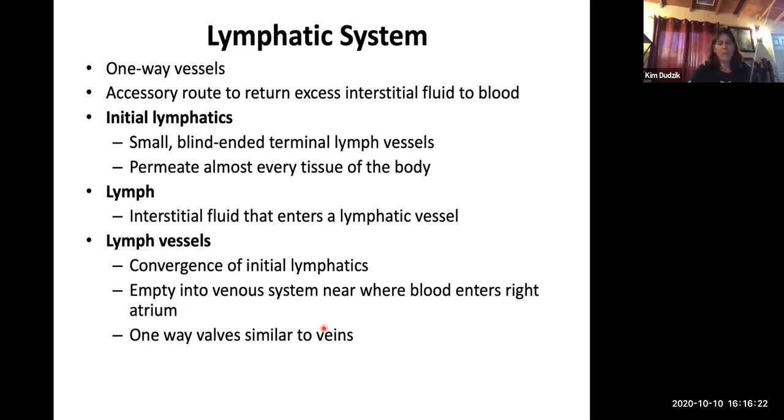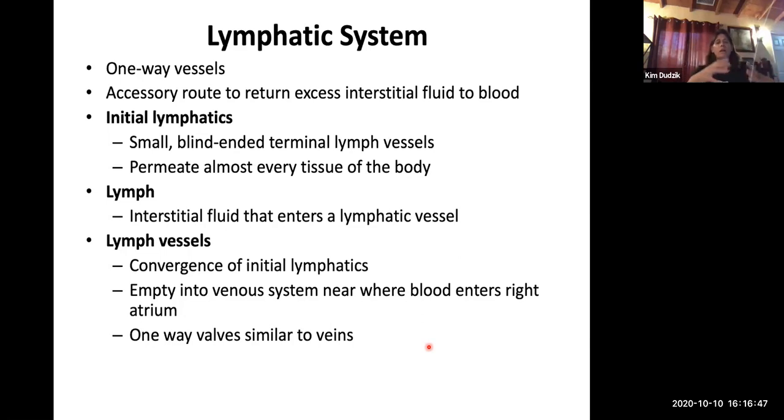But they also have valves similar to the veins because these don't really have much smooth muscle associated with them. So you need the skeletal muscle pump and the respiratory pump to move the lymph through the vessels. And then it all gets released back through the subclavian veins into the heart.